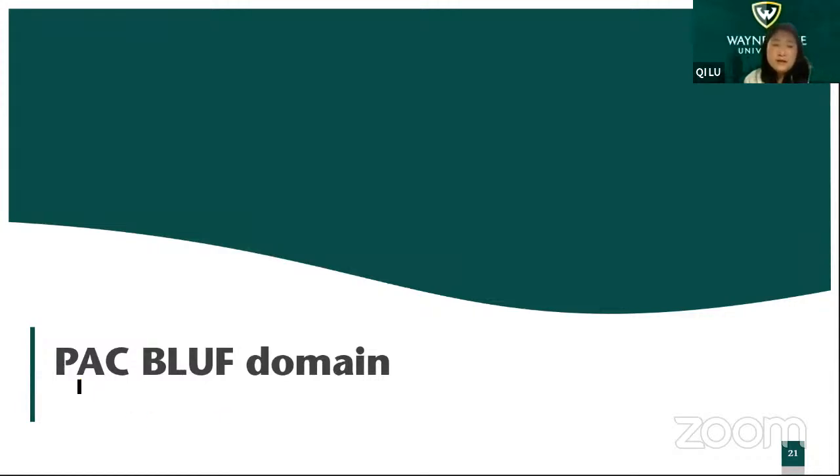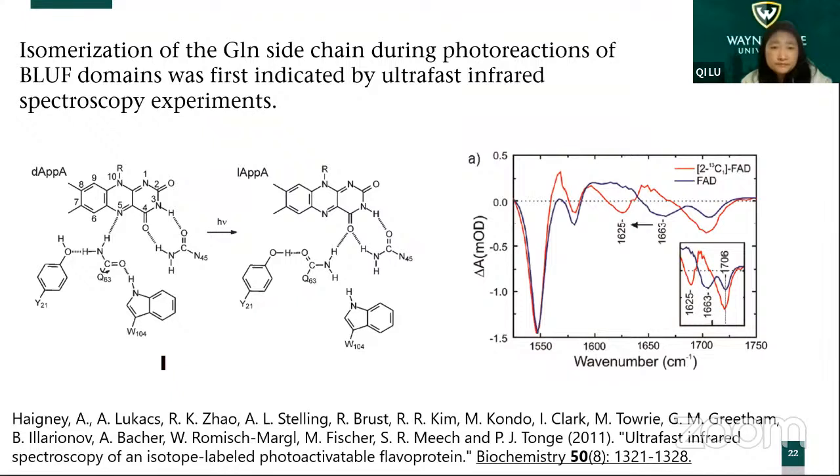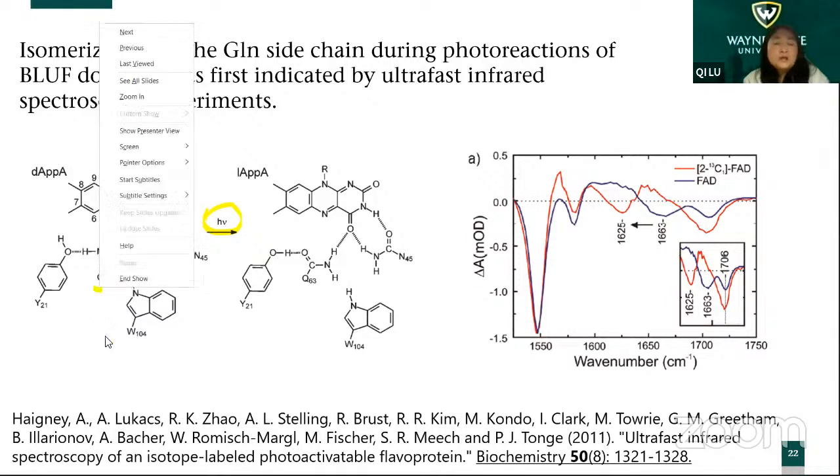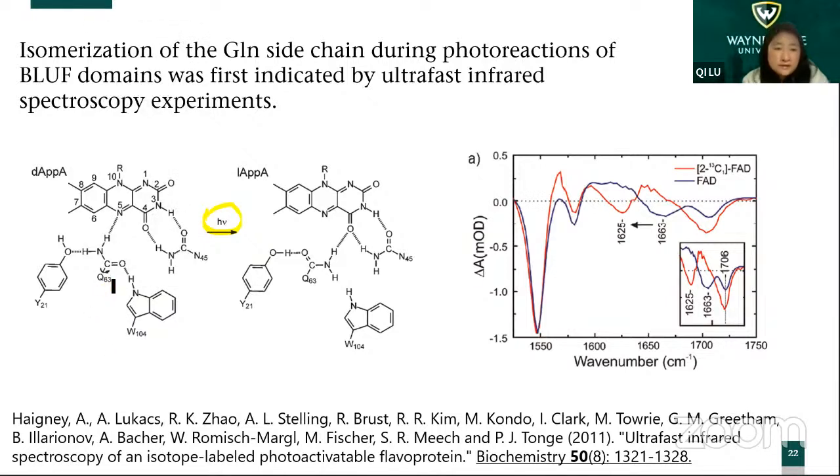Then let's take a look at the PAC, the BLUF domain. Actually, the PAC is because it's an adenylyl cyclase enzyme. In the previous lecture, I think chapter 7, we already discussed this one thoroughly. So it's a different structure after shining with the light, and the glutamine 83 will turn around, like a flip.